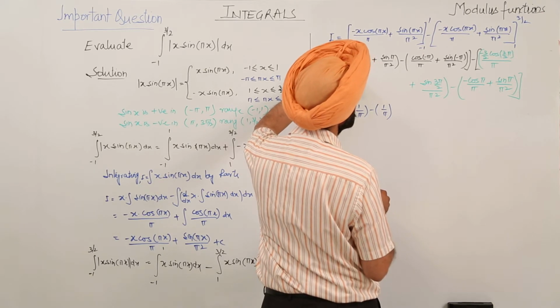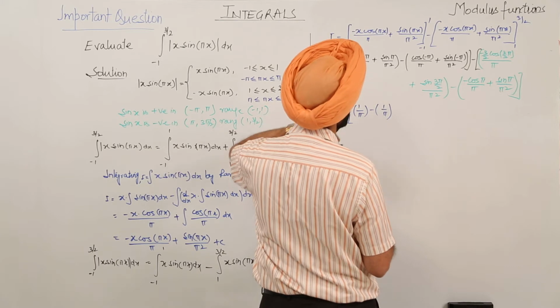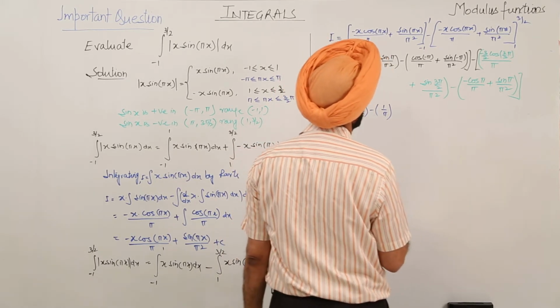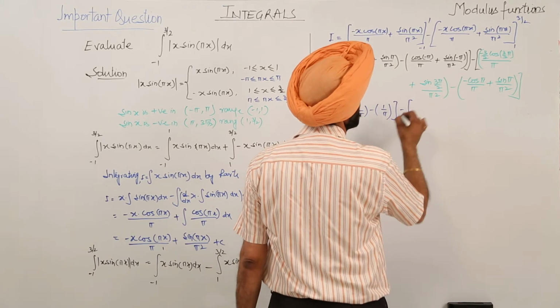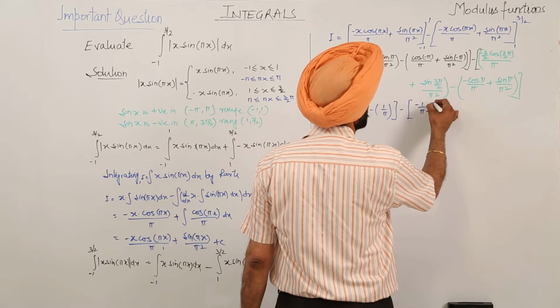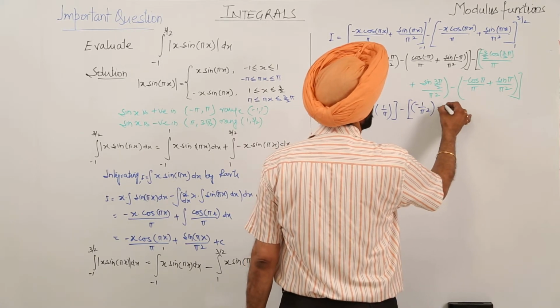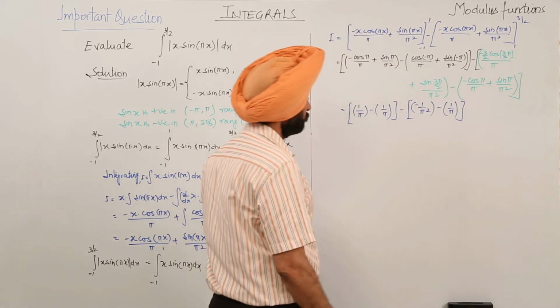So this becomes now minus cos pi is minus 1, okay, minus 1 upon pi square, minus 1 upon pi. Okay.